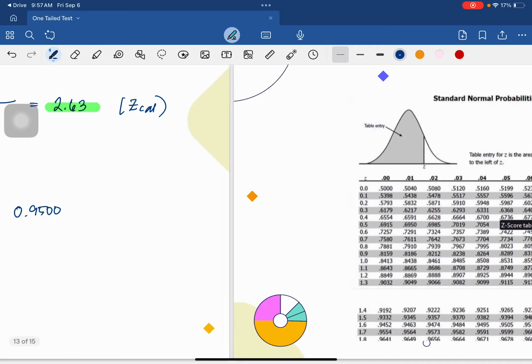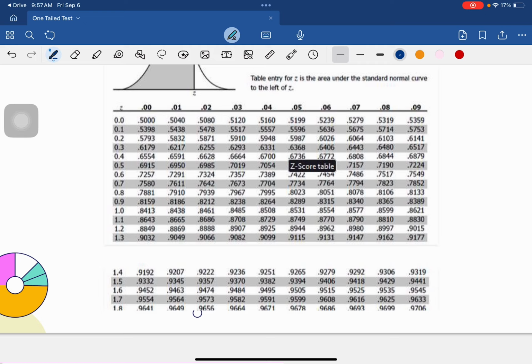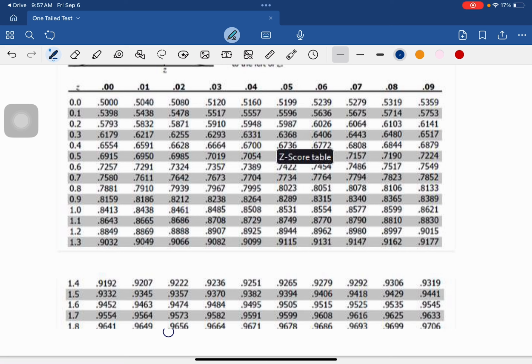So I believe I have a z table here. I already assumed the position of 0.95. So I can just look for 0.95 like what we're using before. It's here, in between these two: 0.9495 and 0.9505. It's exactly in the middle. So we can use this. It becomes 1.6, and I guess the middle of this one, 1.645.